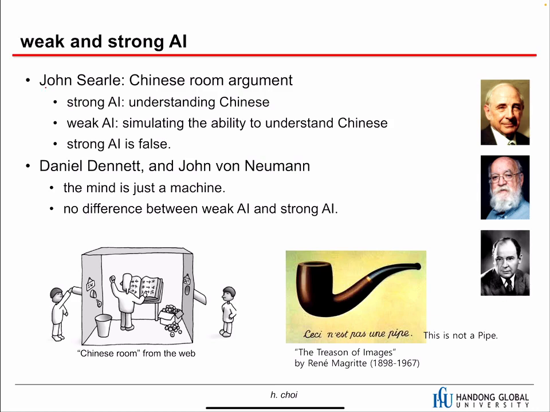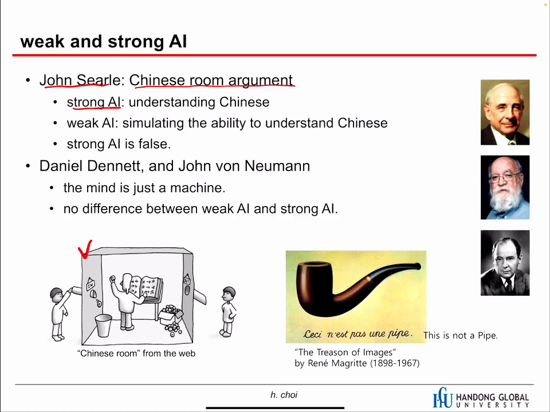John Searle proposed strong AI in his Chinese room argument. He defined strong AI and weak AI based on understanding. If the machine understands the Chinese language, then it has strong AI. But if it just simulates the ability to understand Chinese, then it is weak AI.